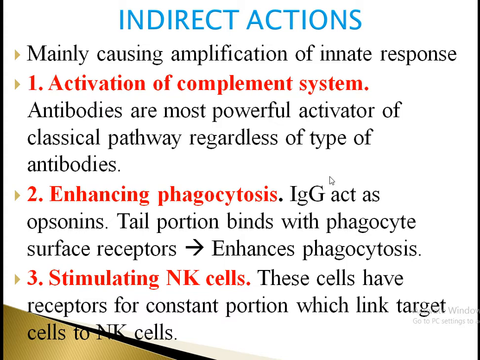Enhancing phagocytosis, as I have shown in the previous figure, and stimulating the natural killer cells. What are these? These cells have receptors for the constant portion, which link the target cell to the natural killer cells.